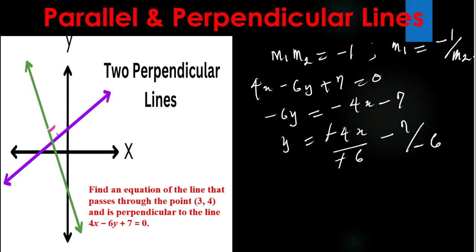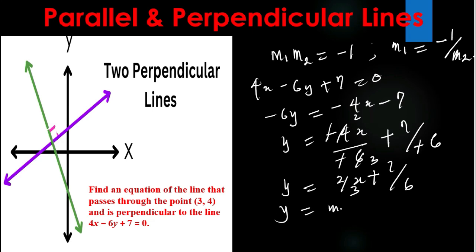Minus cancels minus. 2 here is 2, 6 here is 3, so my y is 2 over 3 x plus 7 over 6. This minus cancels the other to become positive. If you compare it with our standard equation, y equals mx plus c, our m in this case is 2 over 3.